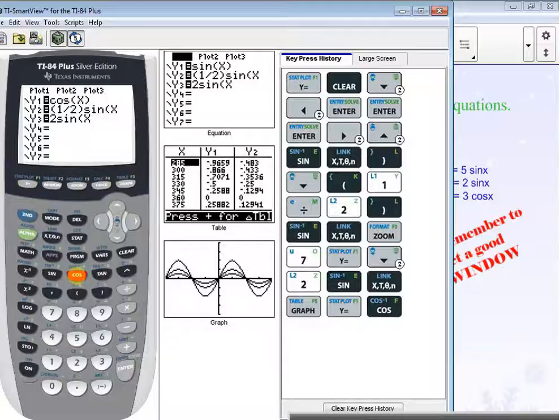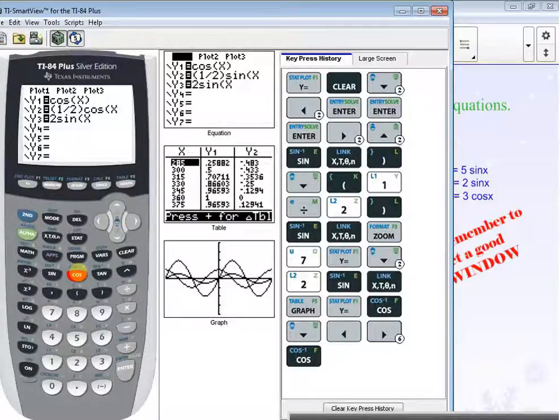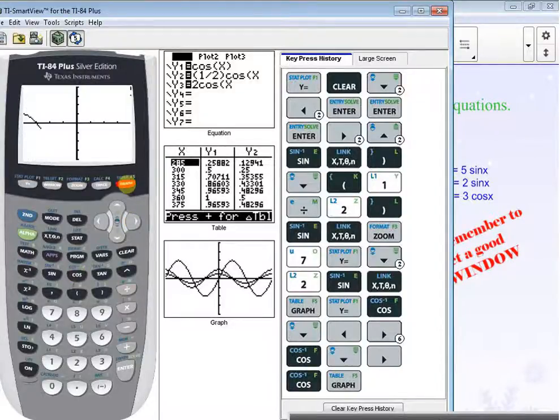So if I just go down and replace this with cosine in all spots, there's the original cosine curve, and there's half cosine x, or 0.5, and there's 2 cosine x.